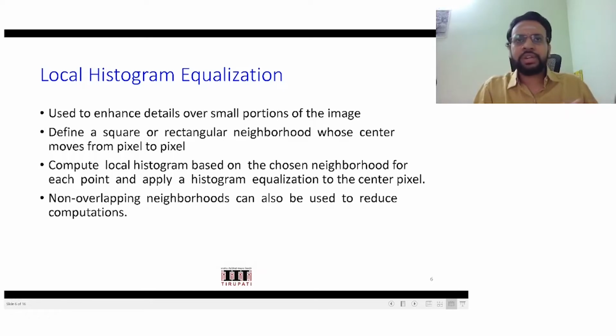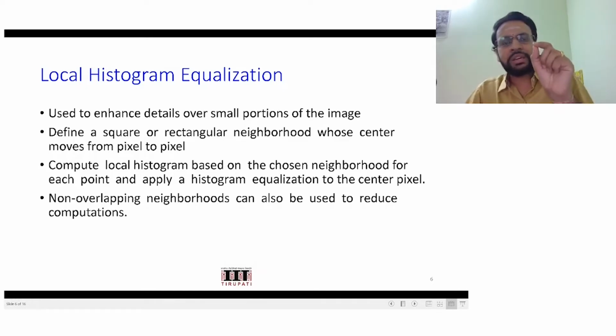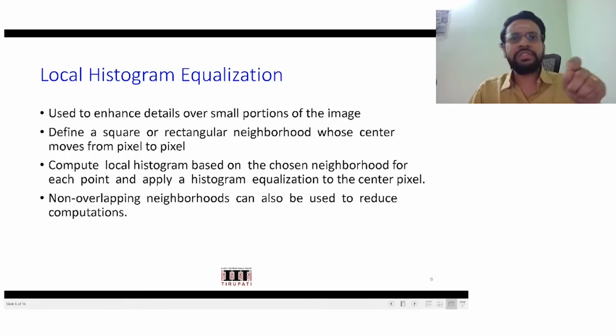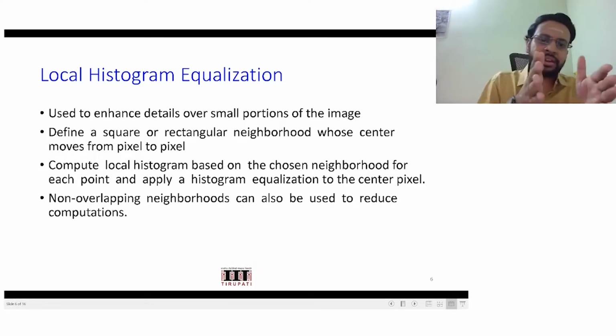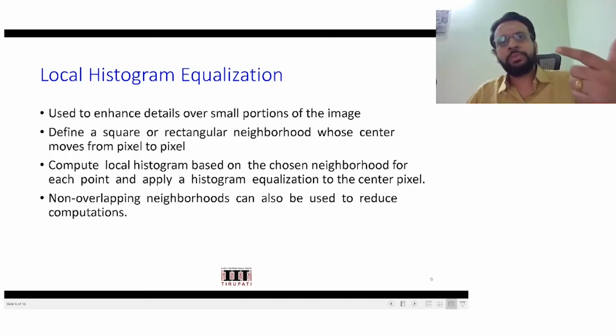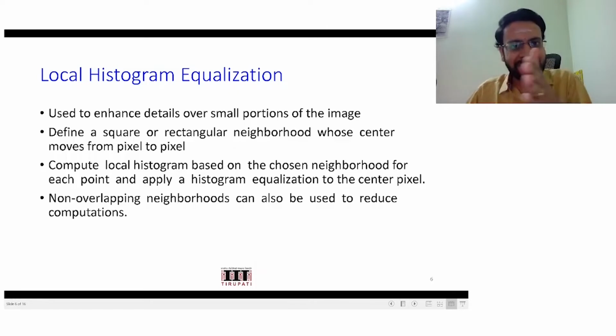Then you look at the intensity of that particular pixel and see where it is getting mapped to, and you assign that intensity to the pixel which is at the center of your window. Now you slide your window and repeat the whole process, and find for the center pixel of that slid window the corresponding mapped intensity, and you replace it with that intensity.